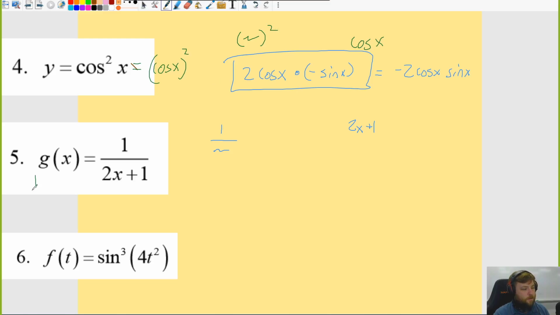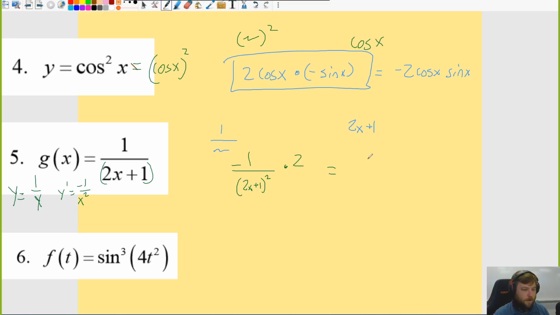So if you remember, if y equals 1 over x, y prime is negative 1 over x squared. So this thing is like your x. So your derivative of this is going to be negative 1 over 2x plus 1 squared. I think that trips people up a lot. And then times the derivative of the bottom, which is times 2.